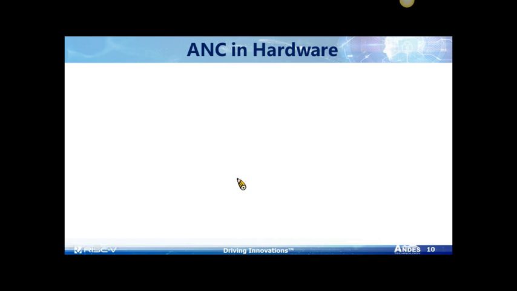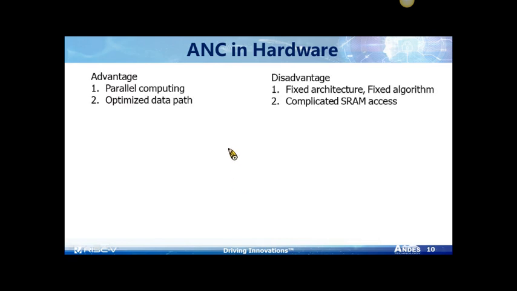So you may think about just putting the algorithm into hardware. You can have some advantages in this case, for example, parallel computing and optimized database, because all the design, you just design it by yourself. But you also will have a fixed architecture, a fixed algorithm and complicated SRAM access.